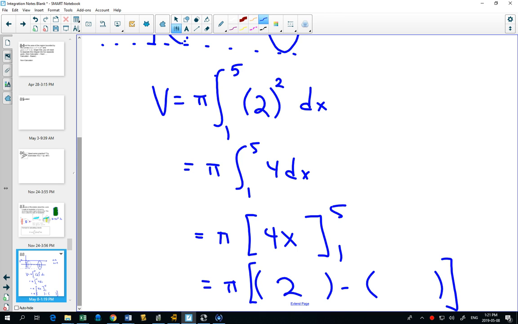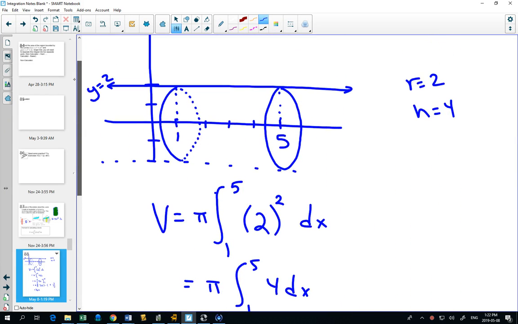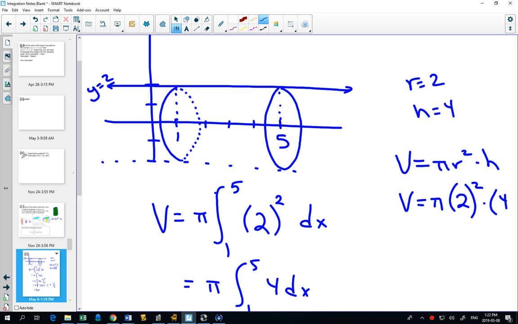Plug in 5 would be 20. Plug in 1 would be 4. According to this, it should be a volume of 16 pi. If we used our volume formula, we also get 16 pi, the same answer.